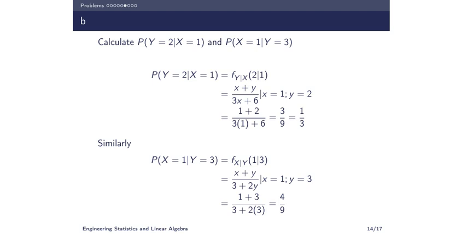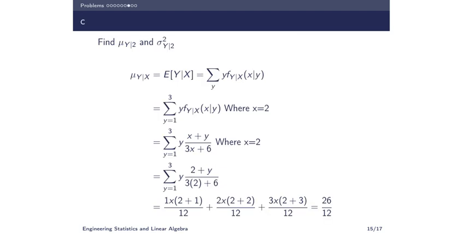Now the last part of the question is pending, that is finding the mu for y given 2 and sigma square for y given 2. So we have the general expression: mu y will be the expectation of y, right? But mu y given x will be the expectation of y given x. If it is the expectation of y only, it will be y f(y), but here y given x is there, so y f(y given x).